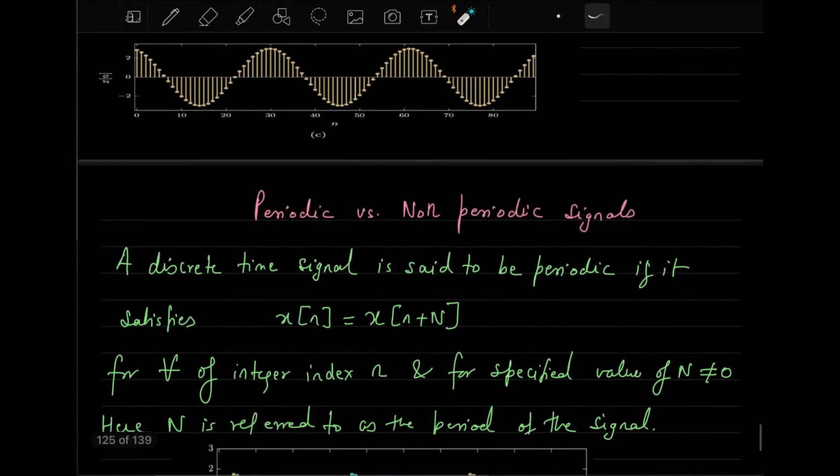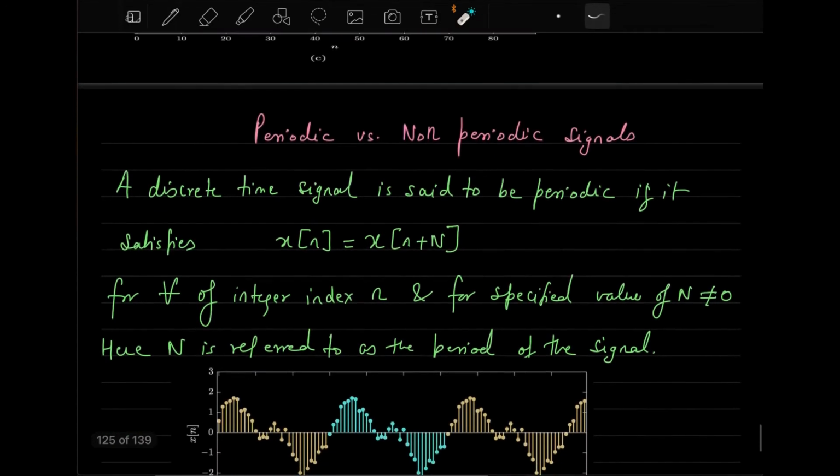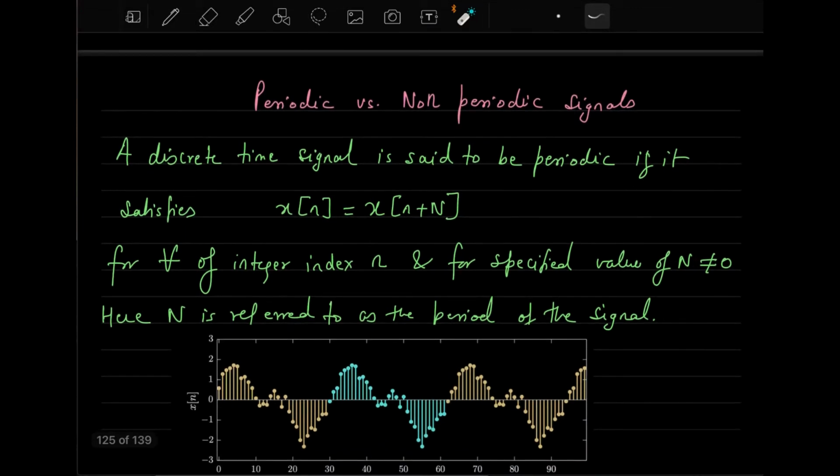Now the important point that comes is the periodicity and non-periodicity of the signals, which is a very important distinction between the discrete and its continuous counterpart. A discrete time signal which is given over here is said to be periodic if it satisfies this. It's as simple as that.